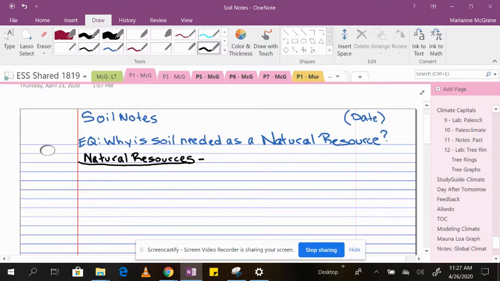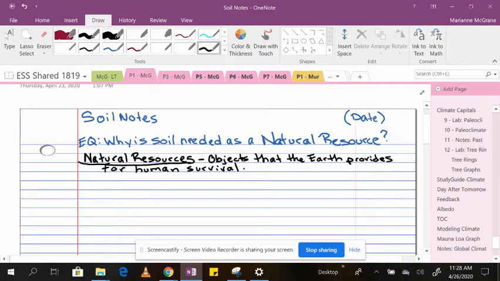But natural resources would be objects that the earth provides for human survival.